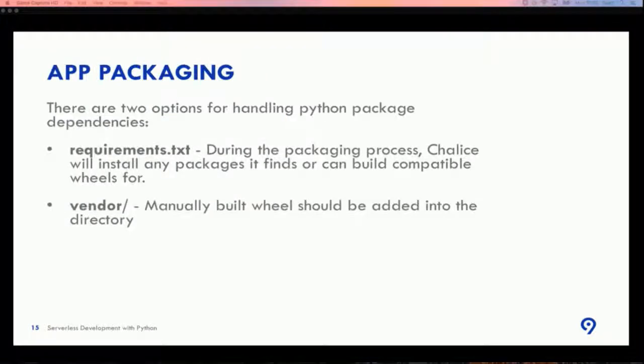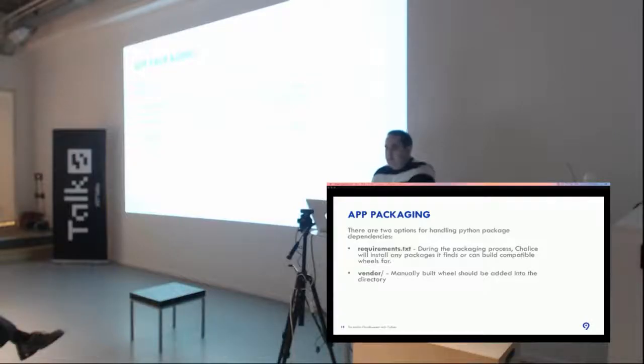Then, when we have created different files, it is time to think about third-party packages, because not everybody wants to develop everything from scratch. It's better to use good packages. So if you're a lucky man, Chalice gives you an opportunity to use requirements.txt, and it will install any packages it finds, or can build compatible wheels for.